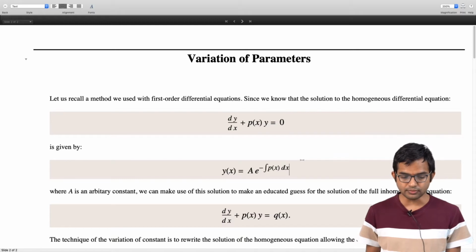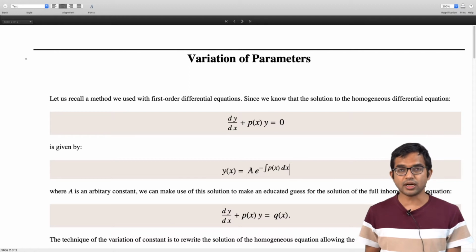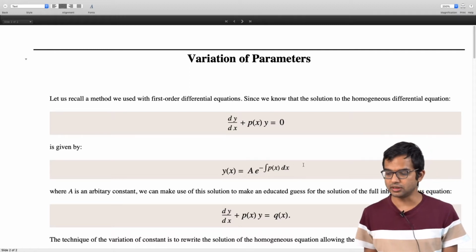Now we saw how, when you want to work out the solution for the inhomogeneous differential equation, it's first order, so there is only one free constant, so you elevate this constant to a function, right? So that's the educated guess which was suggested.